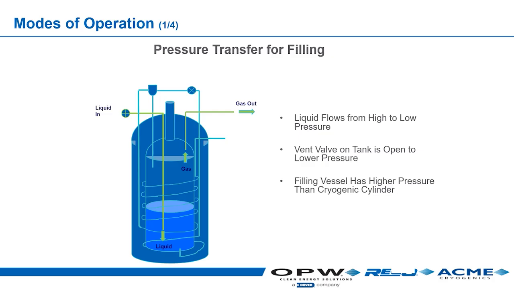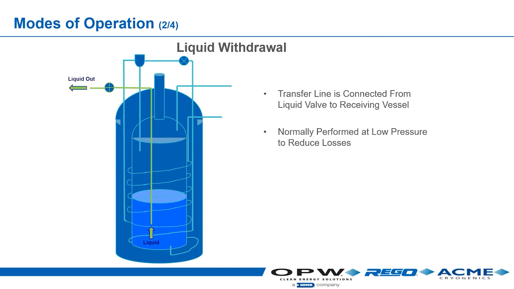So it's all about pressure, and that's a pressure transfer. So you're going to have a liquid line that goes in, and you can use the same line to go out, and then you have a gas line as well. If you ever have to drain or take the liquid out, very seldom you do with a liquid cylinder because it's not a lot of liquid and you usually just vent it.